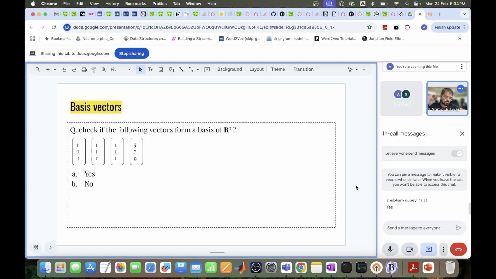Now, this is kind of an extension of the previous question. Now we have extended the basis set by one more vector, right? So we have added another vector over here. And once again, the question is, is this still a basis set?